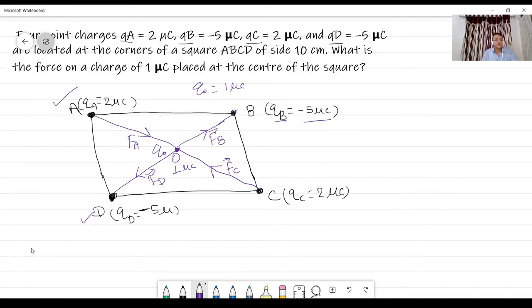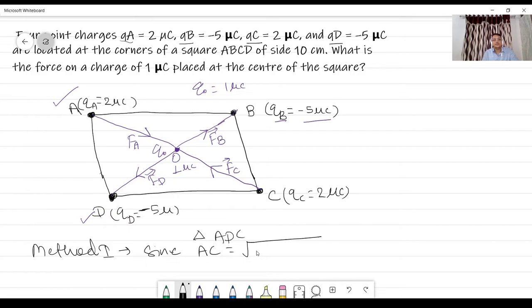So our first step in method 1: since I will first find AC, I can write it by this formula also. If you look at this triangle ABC, it will be AD square plus DC square.